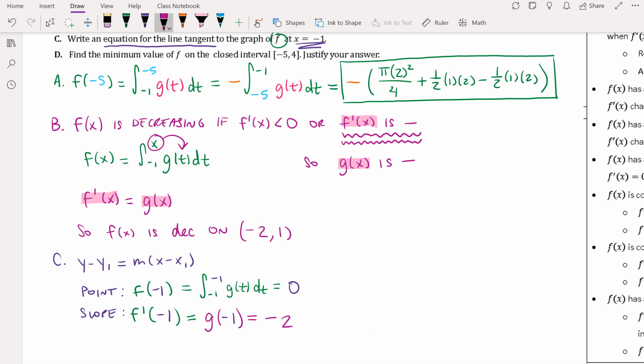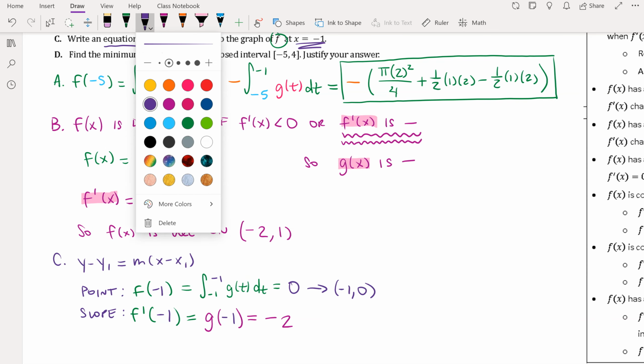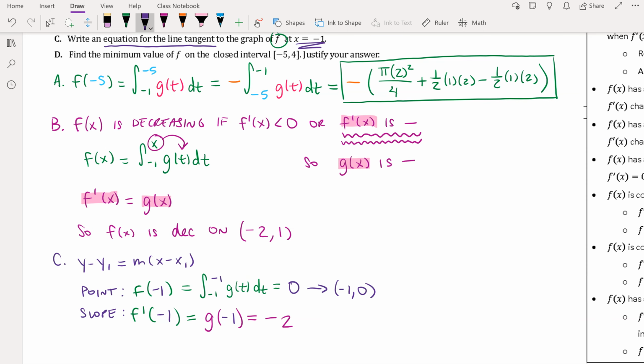Okay, cool. Once you get your point and your slope, oh yeah, by the way, if you're still not sure, our point is the point negative 1 for x and then 0 for y. And then here's our slope, negative 2. So we have our point, we have our slope. Now we're ready to plug in to this equation and then isolate y. So let's go ahead and do that.